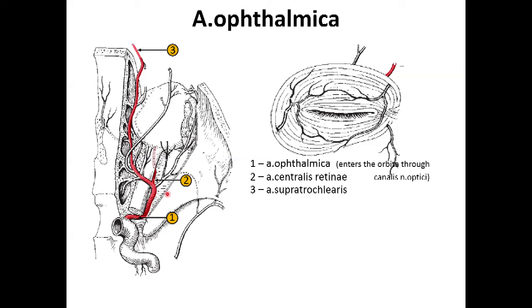It's Arteria supratrochlearis. I hope you understand that this is the right eye, eyeball, and right orbit, and this is also the right part of the orbit. So number three is Arteria supratrochlearis.